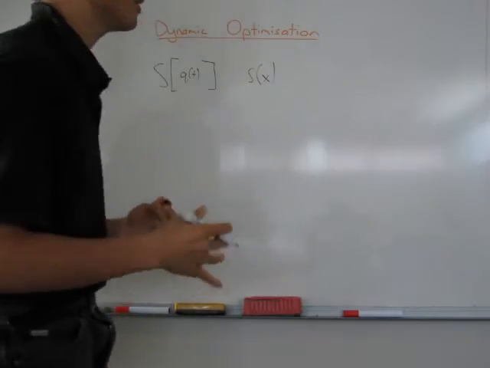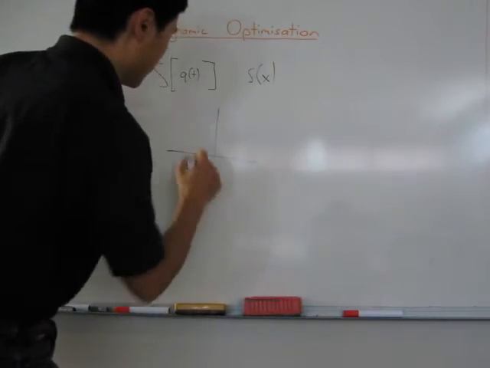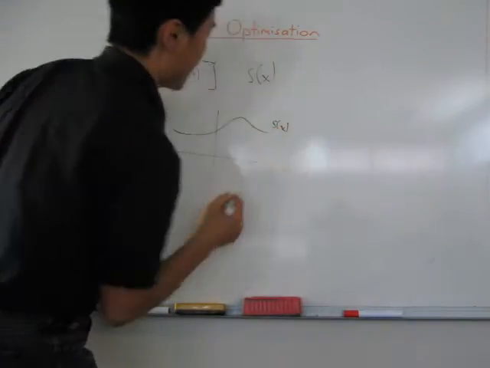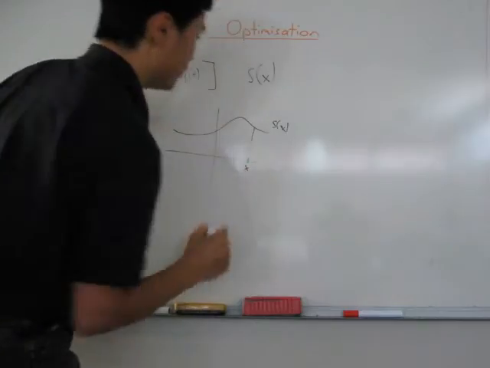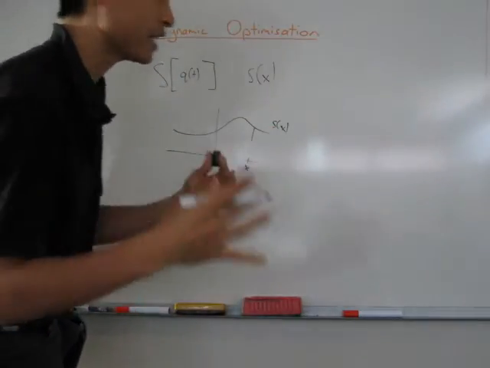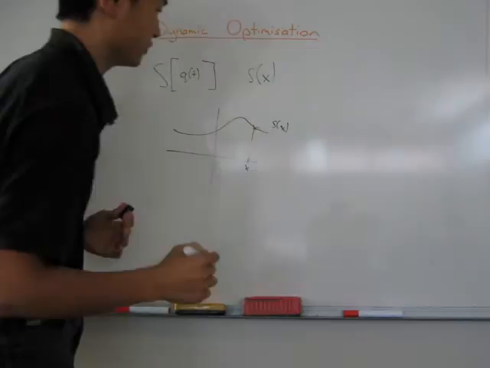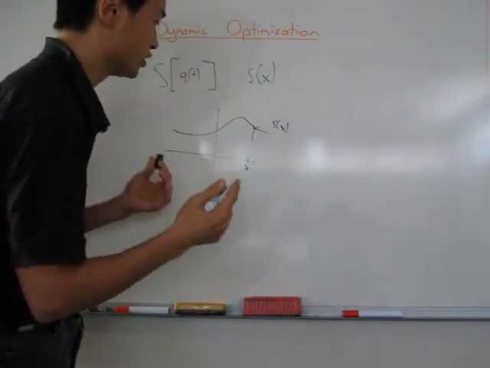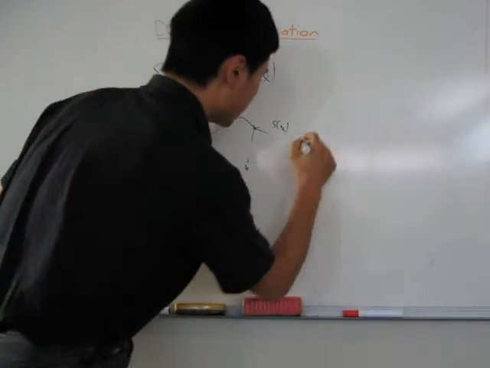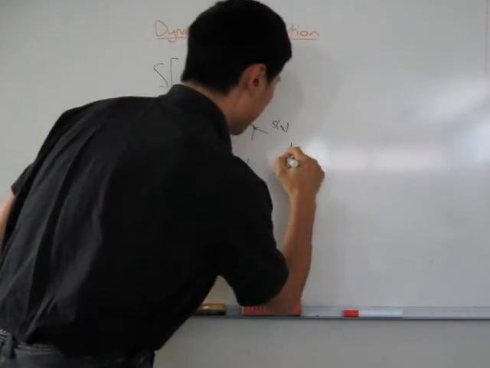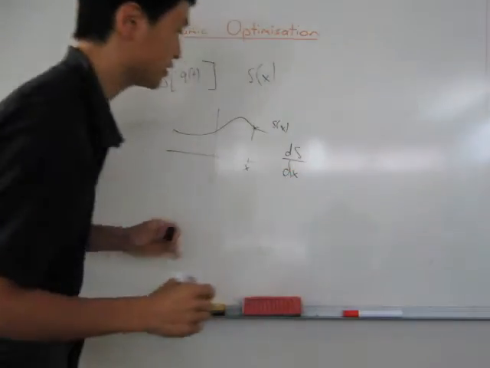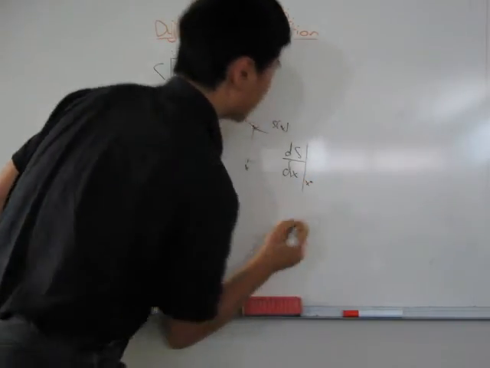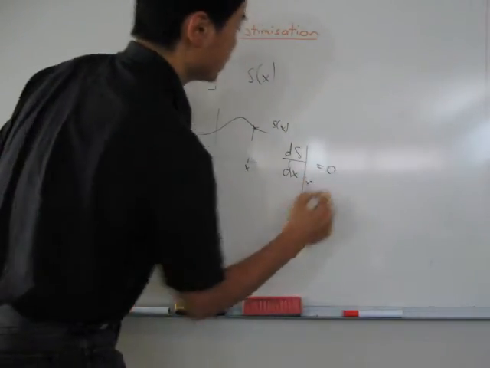Now, you might remember a similar problem to the one at hand that you learnt about in high school, where you were given a function and you were asked to find the optimal number to put into that function to either maximize or minimize the function. And you might remember that the condition that a maximum or a minimum should satisfy is that if x star is the optimal choice for this value, then the derivative of the function with respect to x, evaluated at x star, must be 0.